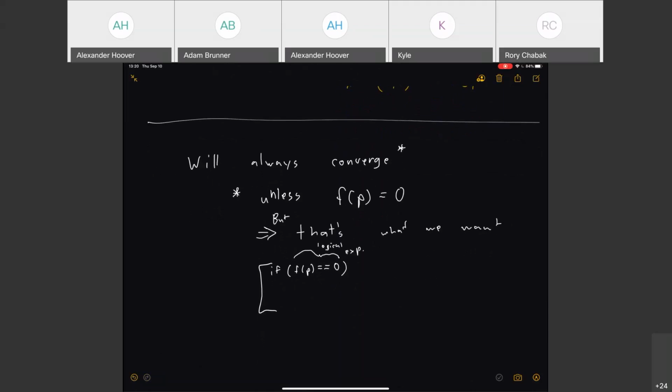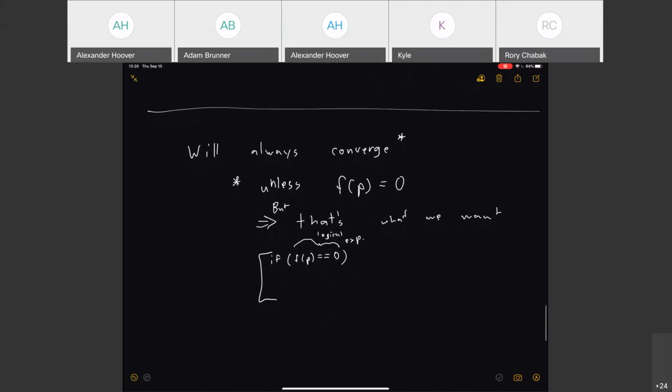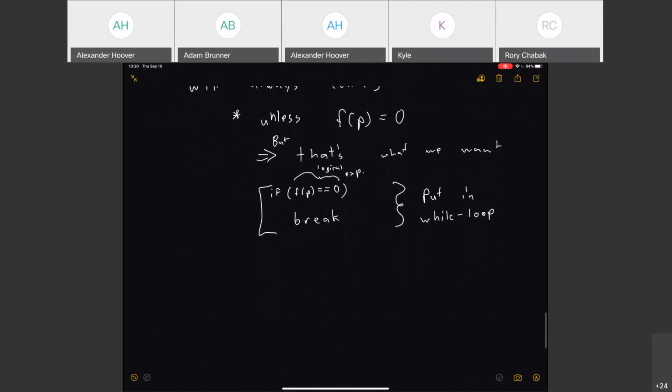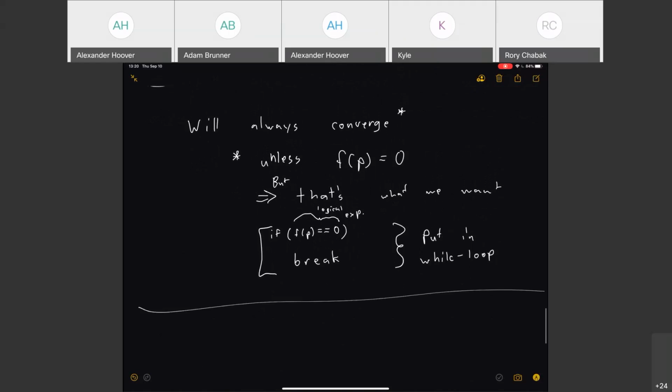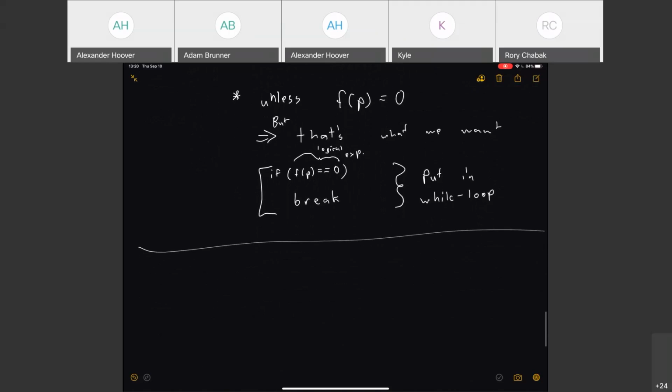It says it's true or false, right? It looks at whether this is true or false. And if that is true, then you just put a break in our while loop. Okay.